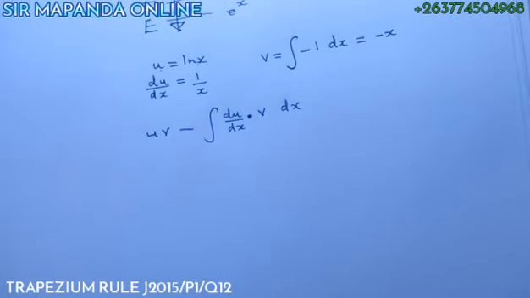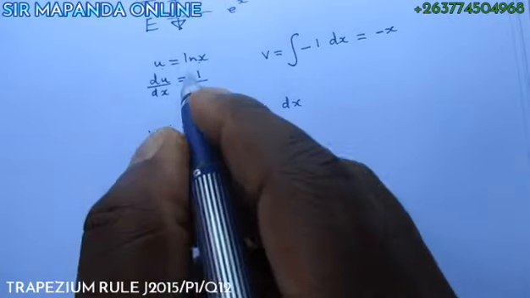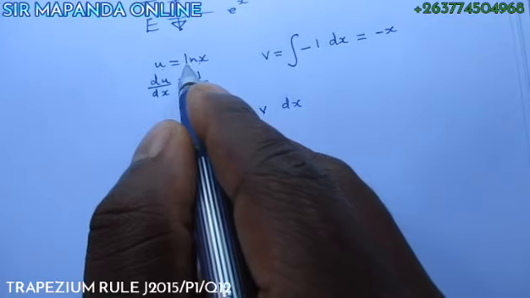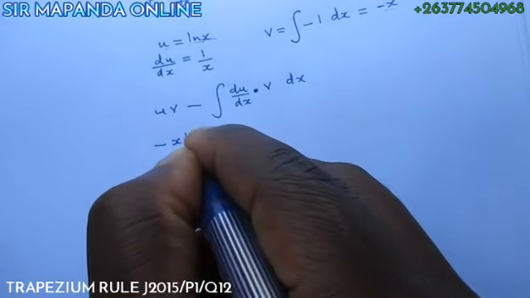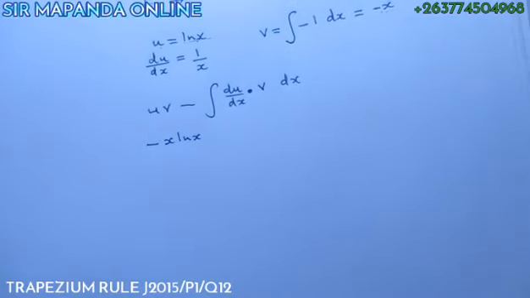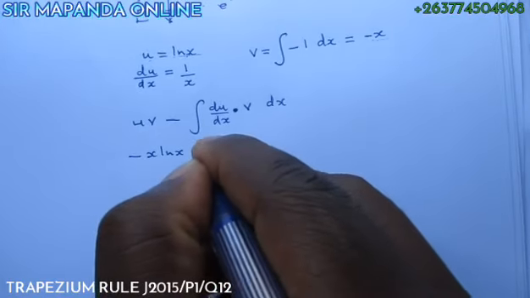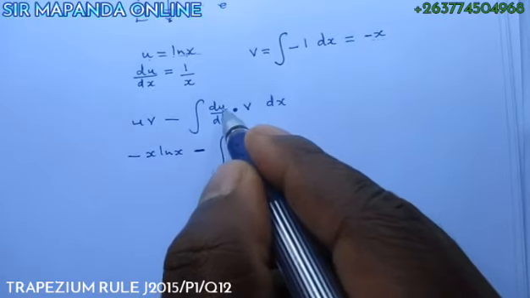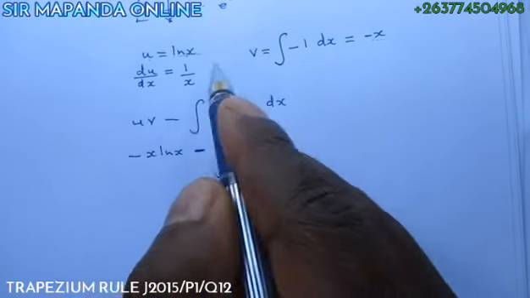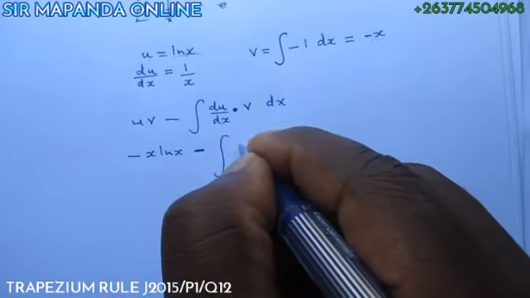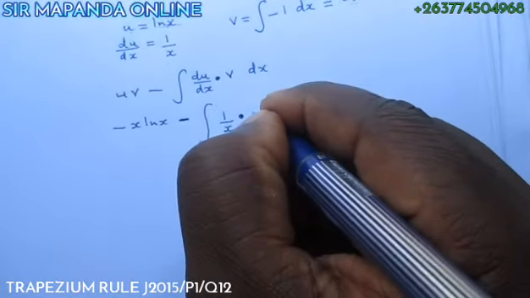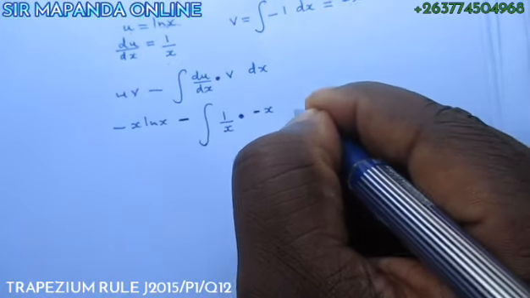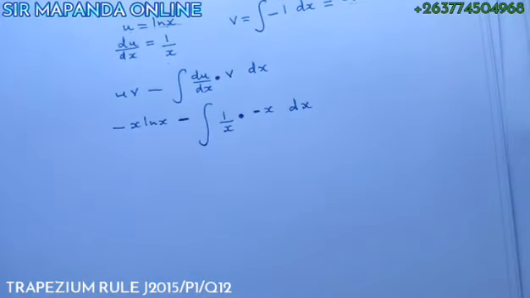So I now substitute. uv: you are multiplying ln x with minus x. You get minus x ln x, something like this. You put your minus. Then du/dx is 1 over x. So you are saying 1 over x is your du/dx, dot product. v is being represented by minus x. You put the x, something like this.